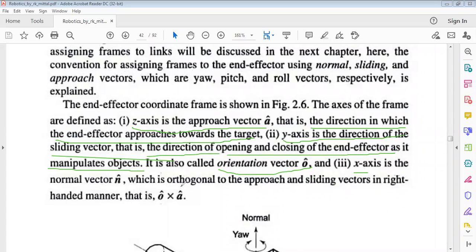The x-axis is the normal vector, which is orthogonal to the approach and sliding vectors in a right-handed manner. So the vector product of vector O and vector A is the normal vector n cap.